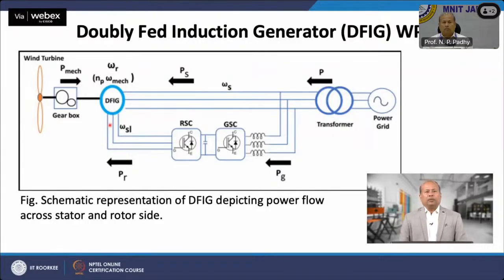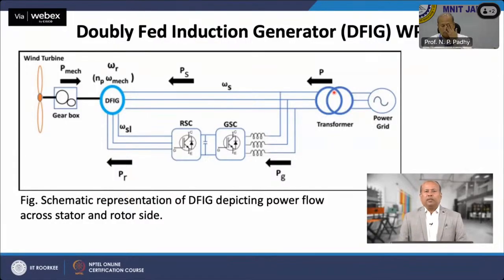Similarly, during the super-synchronous operation, the excess power from the rotor, in terms of negative slip power, flows out from the rotor via the RSC and GSC combination, thereby helping to follow the grid norms as per the nominal values.